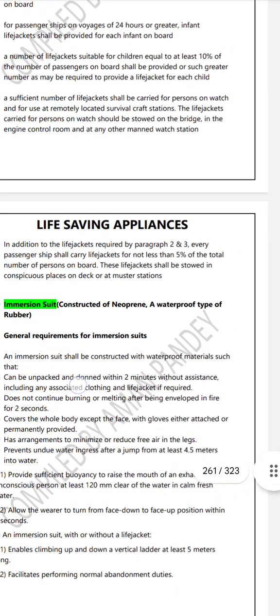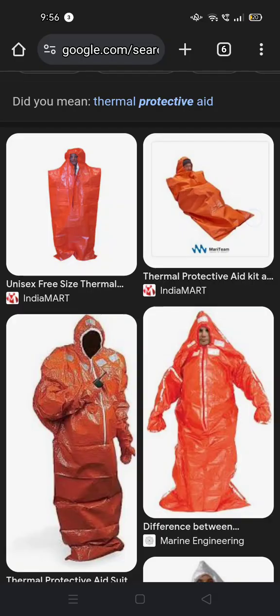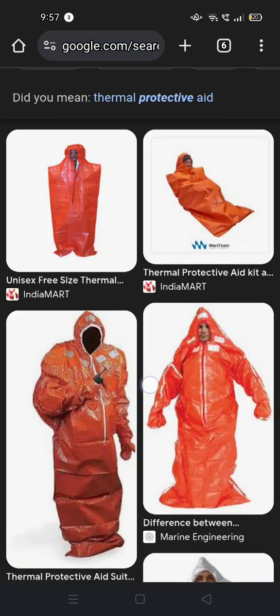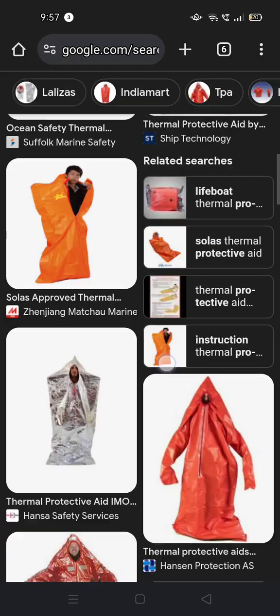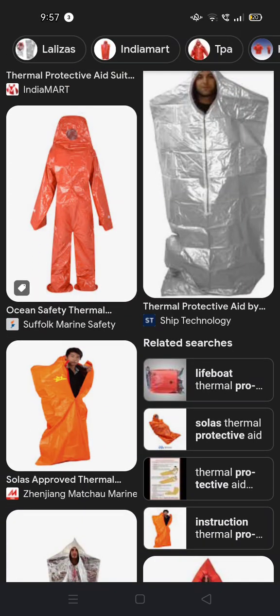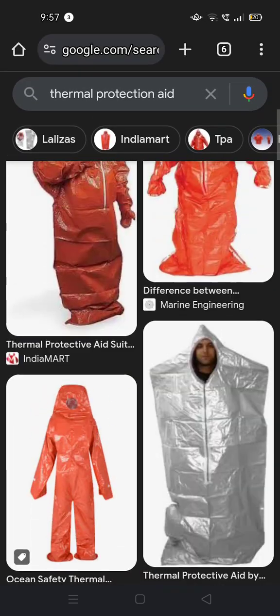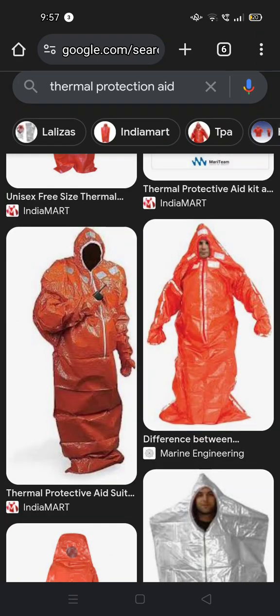Okay, so this is all about your immersion suit. Next is the TPA, and the requirement for the TPA is not that much compared to the immersion suit. It also has conductive and evaporative protection. It protects the wearer from evaporative heat loss, and basically from thermal conductive loss of 7800, I don't remember the unit.